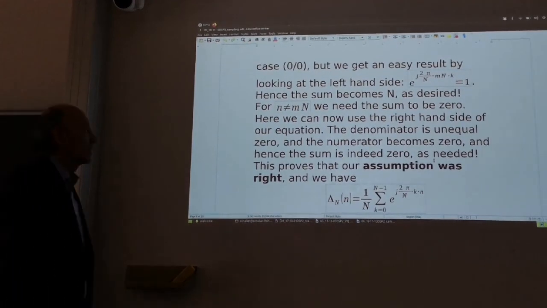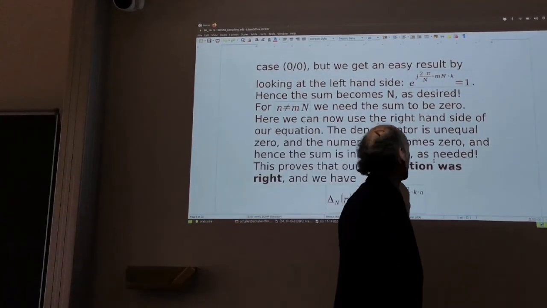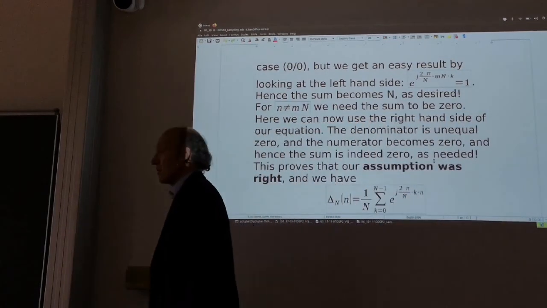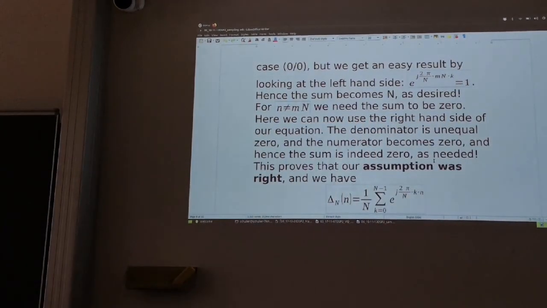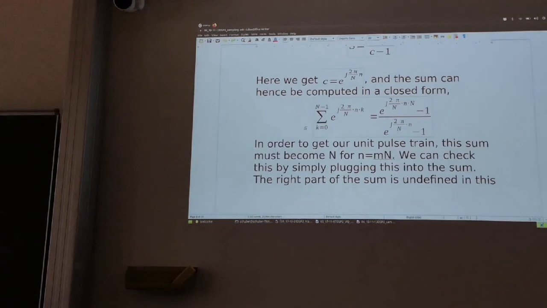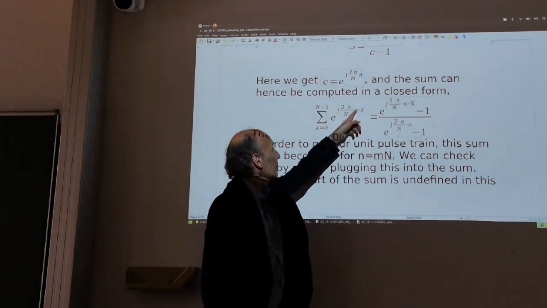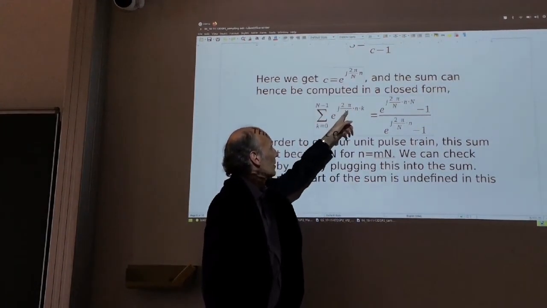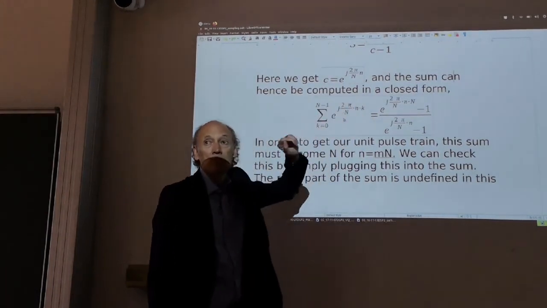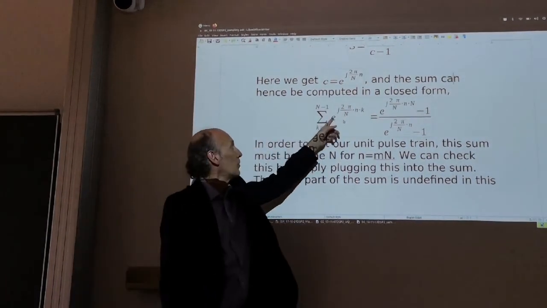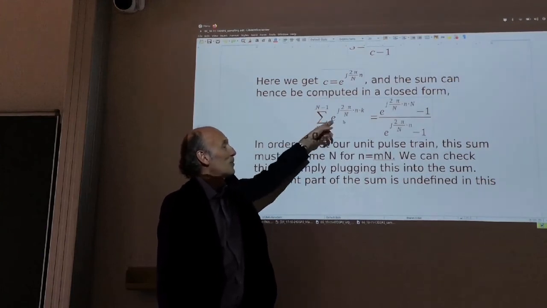Now we can look at the left-hand side. So now we simply plug in the same on the left-hand side, and this n cancels. So again, we have 2 pi times some integer. So again, we know this is 1, and the sum over 1s is how much?